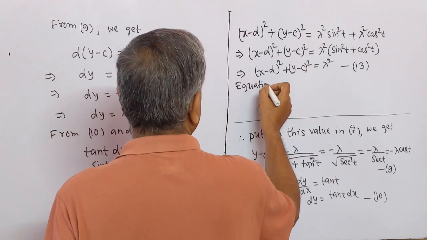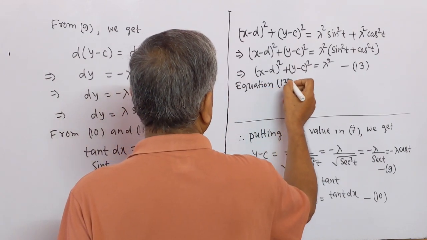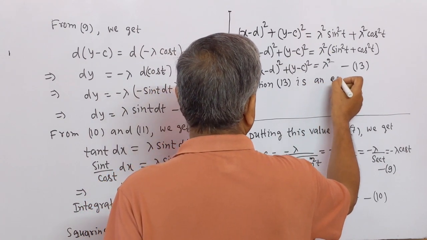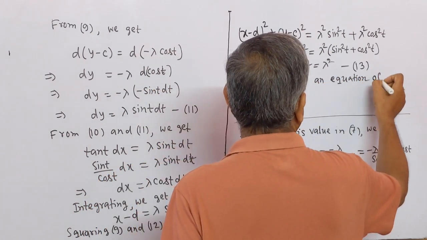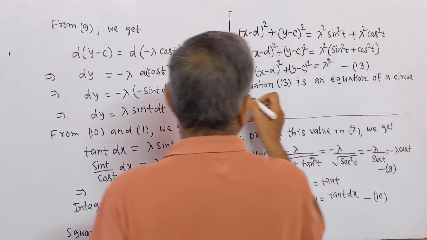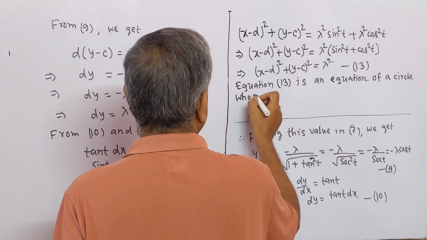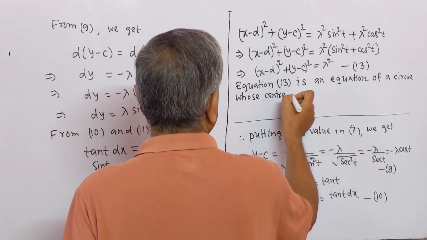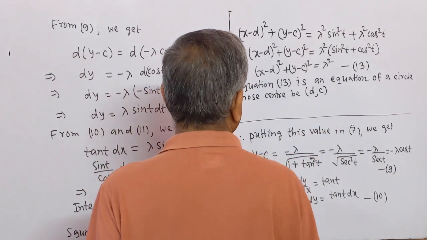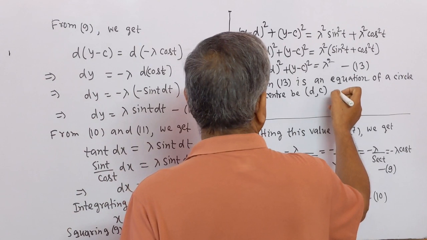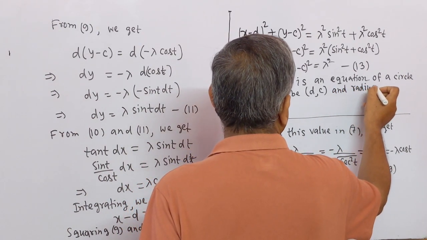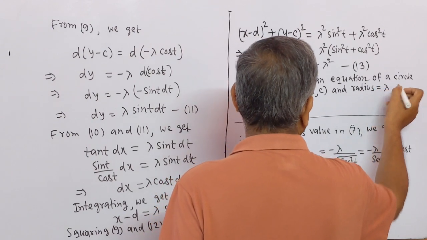Equation 13 is an equation of a circle whose center is (d, c) coordinates and radius equal to lambda.